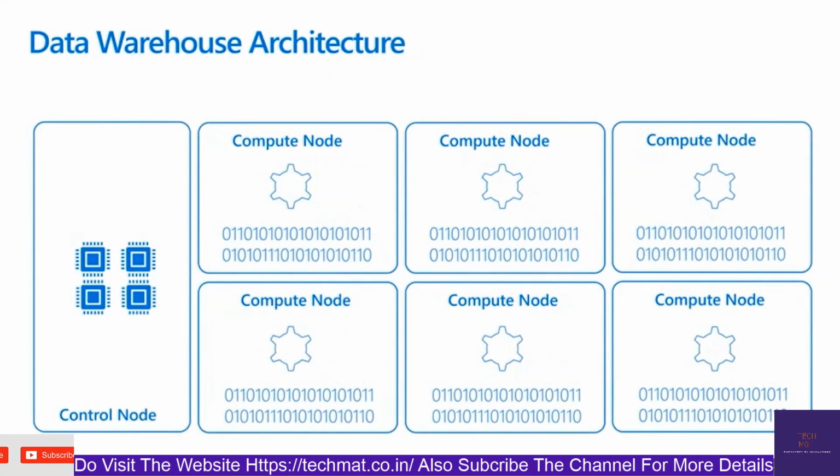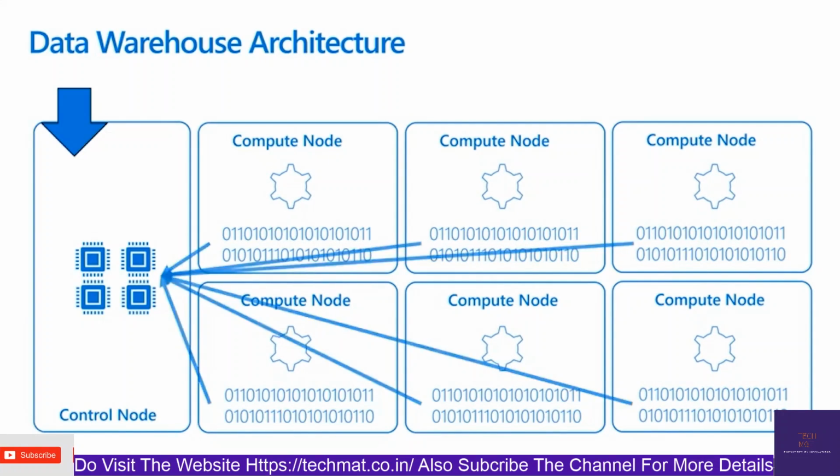So how does data warehouse architecture work? Data warehouse is an MPP system. That means that whenever a request is made against the data warehouse cluster, it's made against the control node, which creates the execution plan and distributes that across the compute nodes.